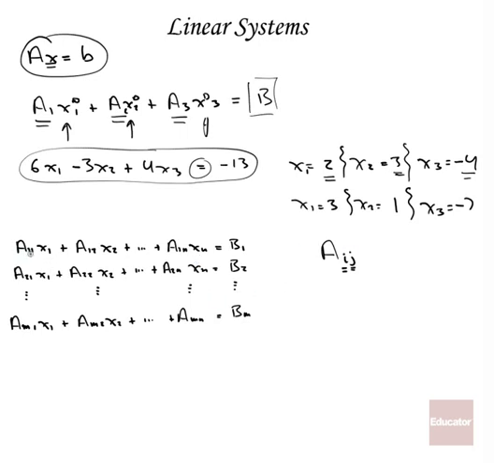So a11 represents the first coefficient in the first equation. If I had, let's say, a32, that would mean the third equation, the second coefficient, the coefficient for x2.